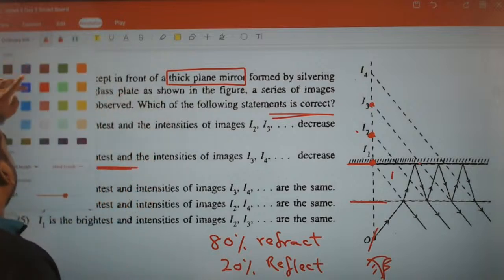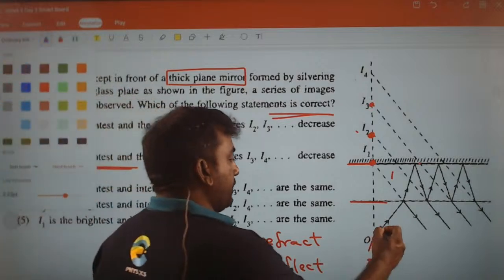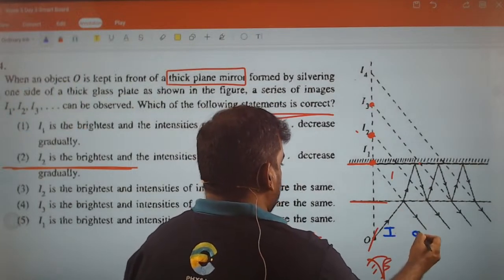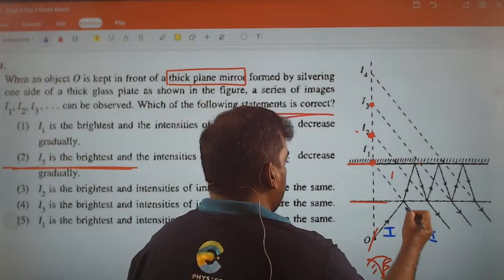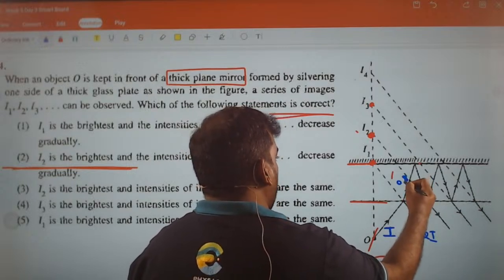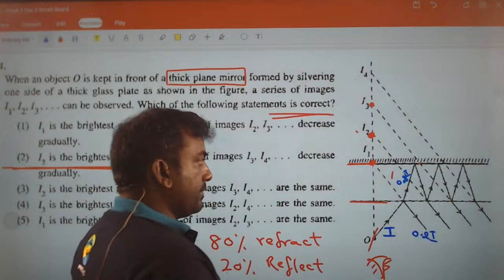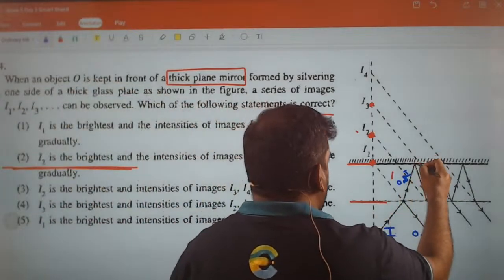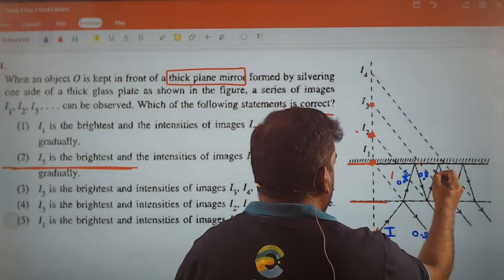Now some of you are going to see this calculation-wise. The incident intensity is I. 20% reflecting, 0.2 I. 0.8 is going inside, 80%. That 80% hits here and comes out.